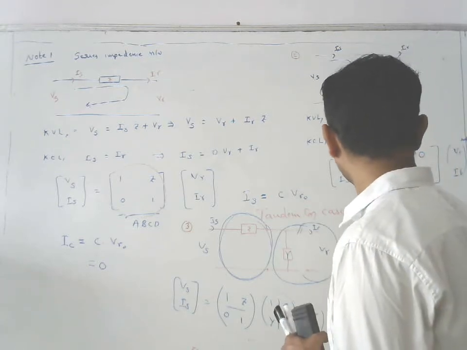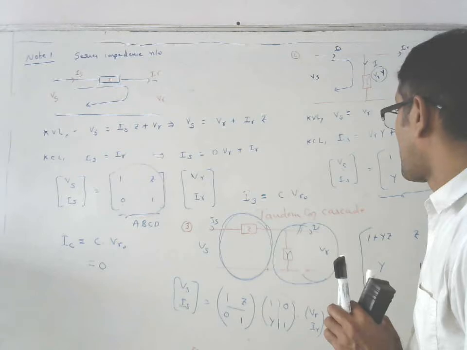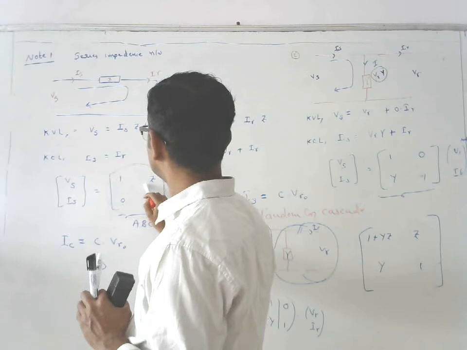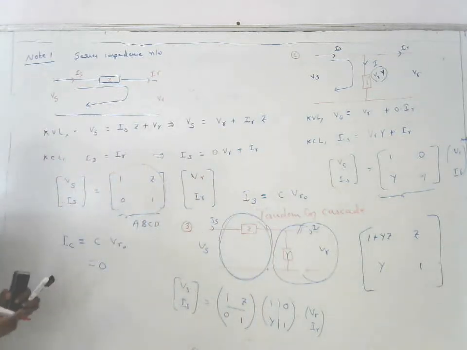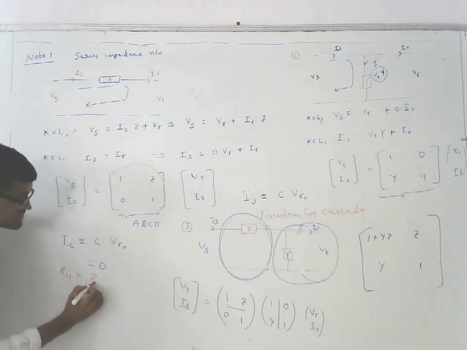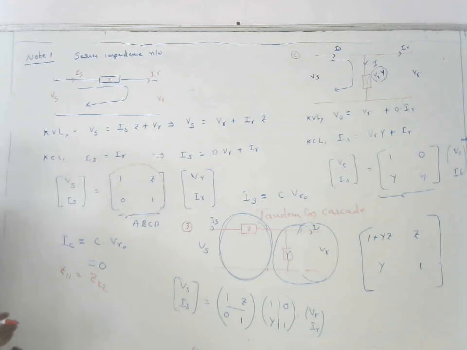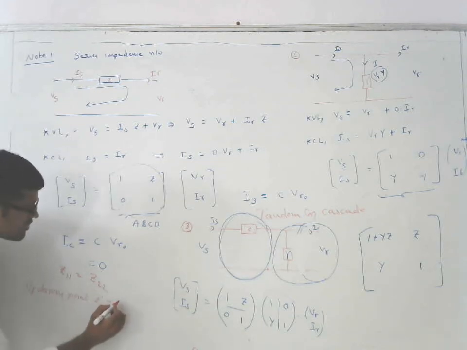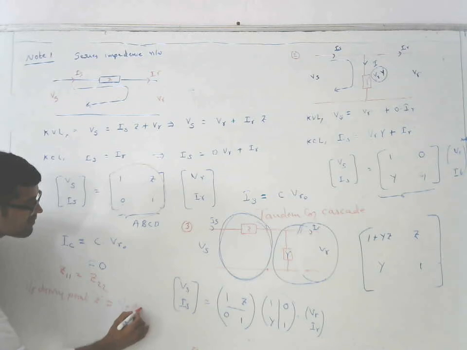Now, see the series impedance network ABCD parameters. We discussed the symmetric condition for the Z matrix. If Z11 is equal to Z22, that is, the input driving point impedance of the two-port network is equal to the output driving point impedance, then we can call that network a symmetric network.